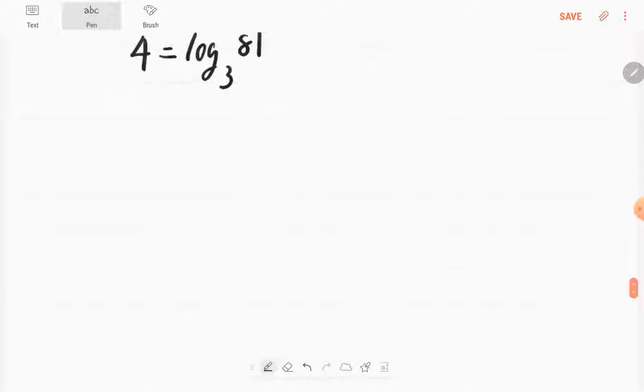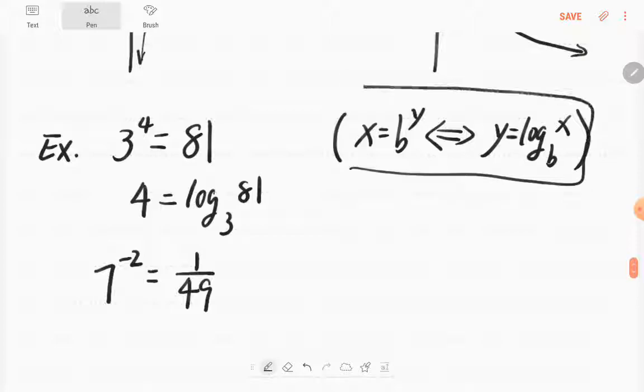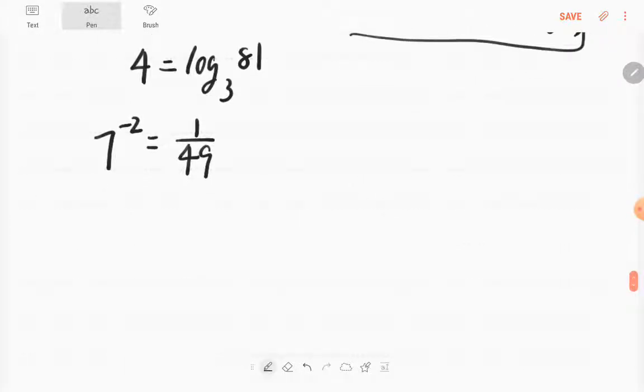Another one is 7 to the negative 2 equals 1 over 49. We still use this relation. You can see that negative 2 is equal to the log to the base 7 of 1 over 49.